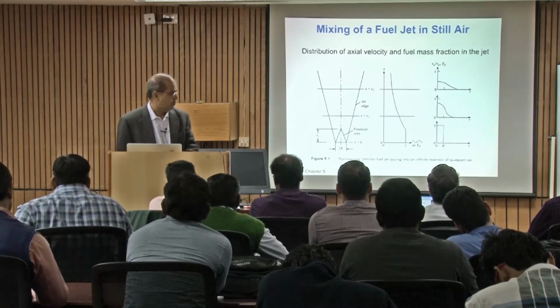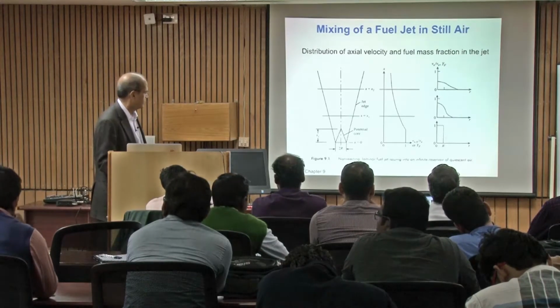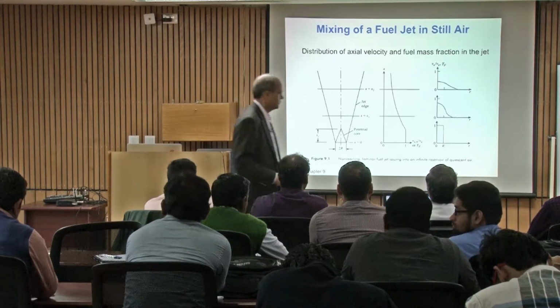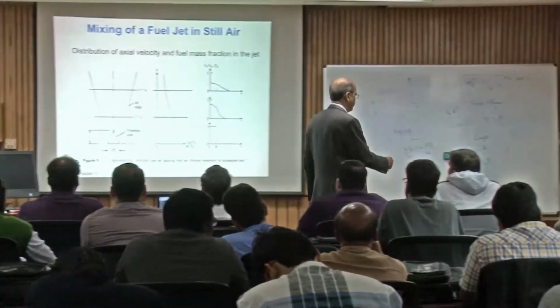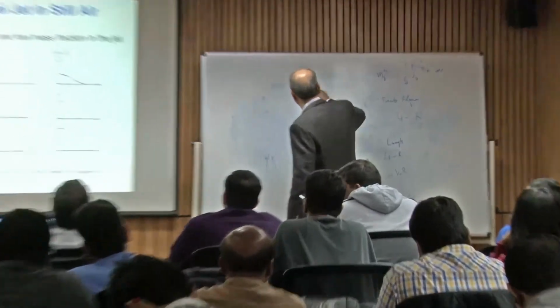So now I will discuss on the board some basic jet flow properties, and then we will write the equations maybe after the break, but let us discuss the qualitative properties.